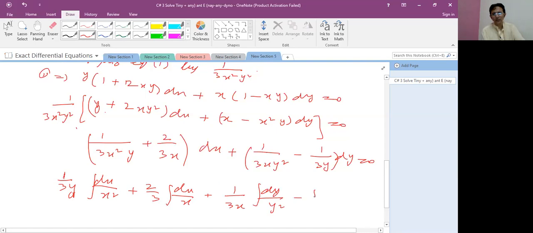Find the integral in the next step, student, dy upon y, which is equals to 0. And the integral of 0 is constant. If you do not, don't write here.